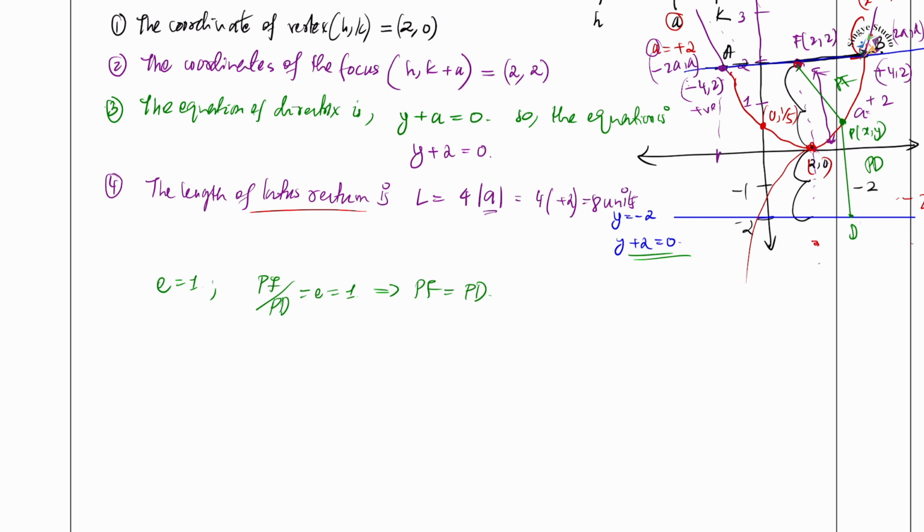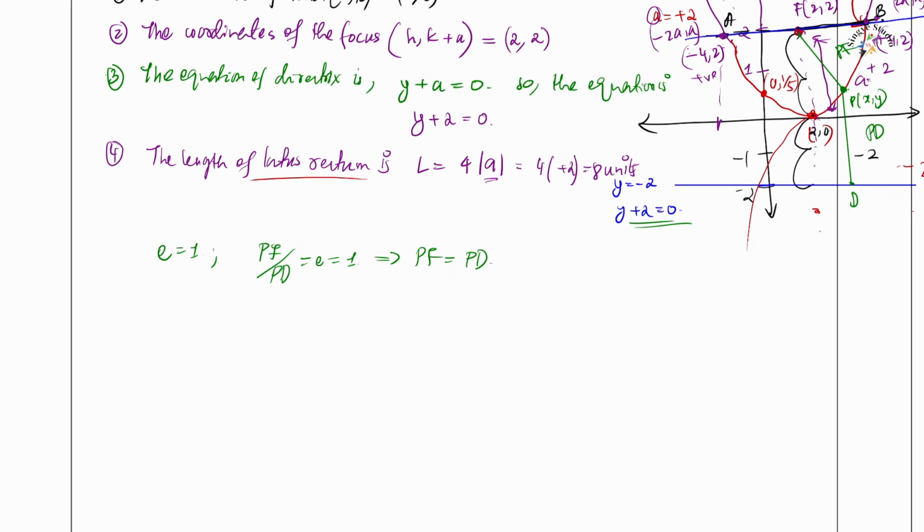Now this distance is between the point F and the point (x, y). Therefore, by the distance formula, PF can be written as the square root of (x minus 2) whole squared plus (y minus 2) whole squared, which should equal PD. PD is the distance from the directrix, which is y plus 2 equals 0.